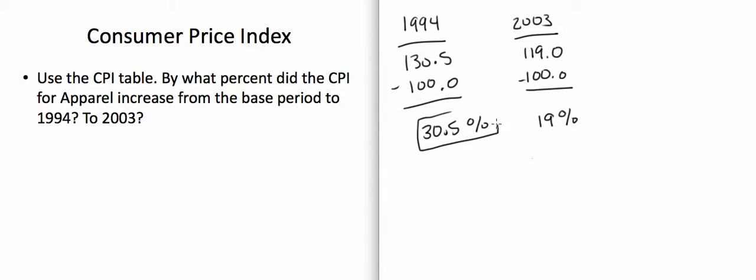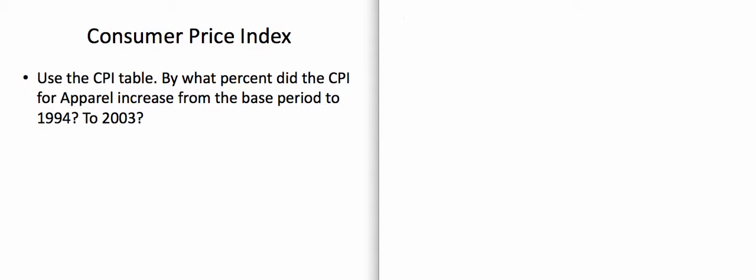So in 1994, apparel had risen by 30.5% compared to the base period, but in 2003 it was only up by 19%. Okay, so it's a very simple process. Take the percent that they're asking for you to compare to and subtract the base period from it.